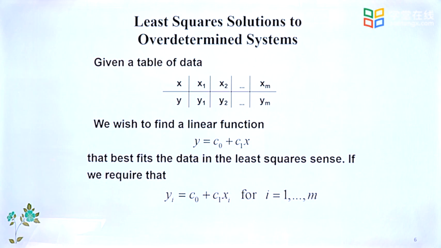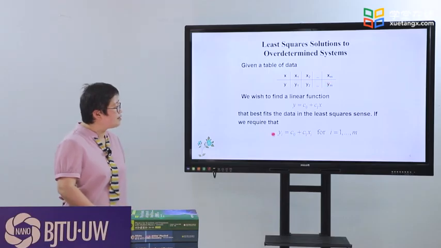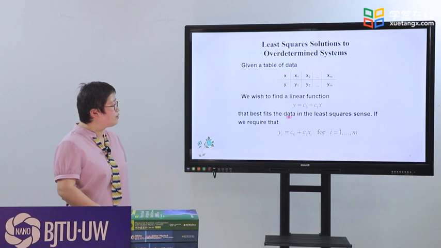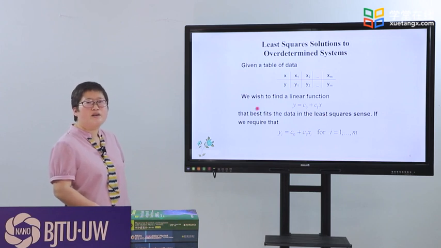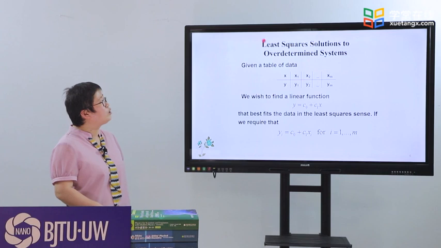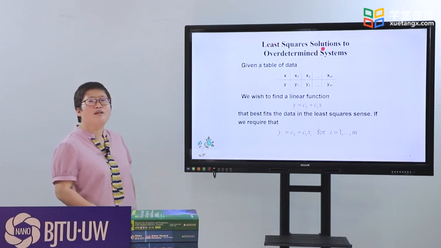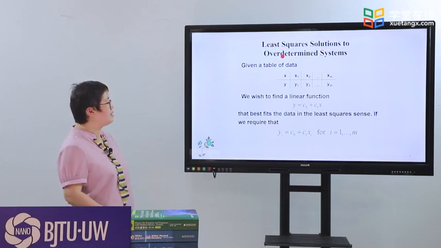If we require that yi equals c0 plus c1xi for i from 1 to m, because we have many m here, you will get an overdetermined linear system. In general, there's no solution for this linear system. However, you can try to find a least square solution to this overdetermined system.